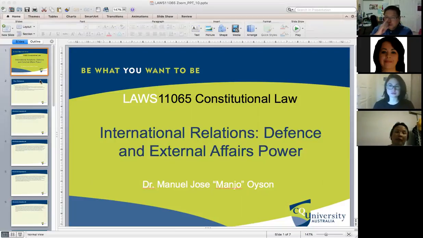Because remember, as we said, the Commonwealth Parliament can only legislate in relation to those heads of power which either have been expressly or impliedly provided in the Constitution, particularly in relation to Section 51, so that all the other subject matters are meant to belong and vest exclusively to the state parliaments. So the internal relations power of the Commonwealth has been a way by which the Commonwealth Parliament has kind of encroached into the subject matters which would have belonged to the states, as well as the use of the defense power.